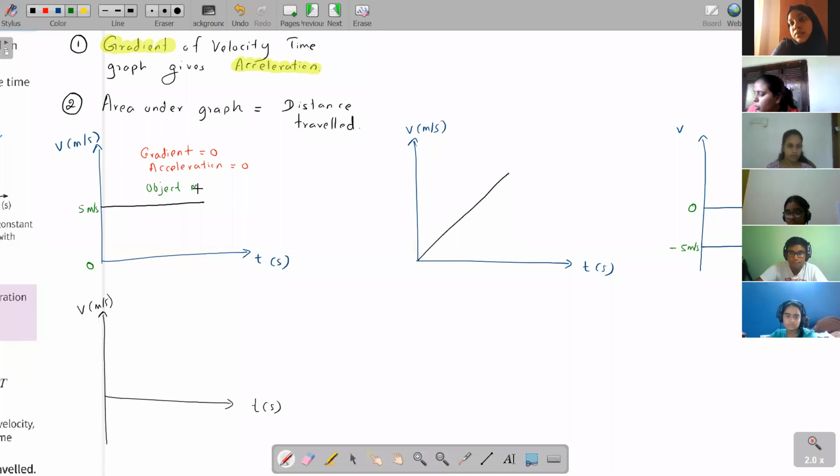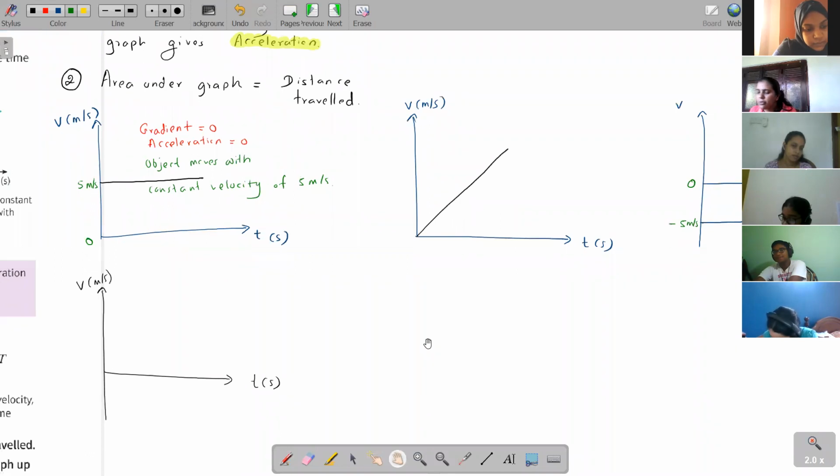Here the object moves with a constant velocity of 5 meters per second. How do we represent an object that is not moving? The line should be on the x-axis.